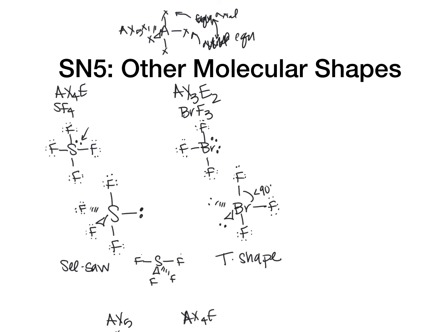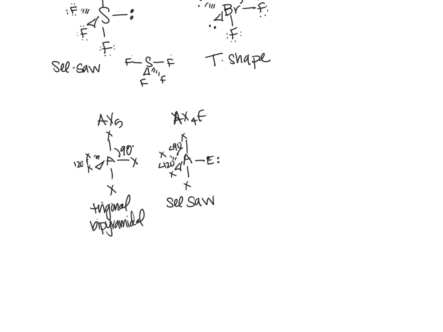And so our last example, AX3E2 gives us the X's here in a T shape, followed by the two lone pairs, and we have slightly less than 90, and this is called T shape.